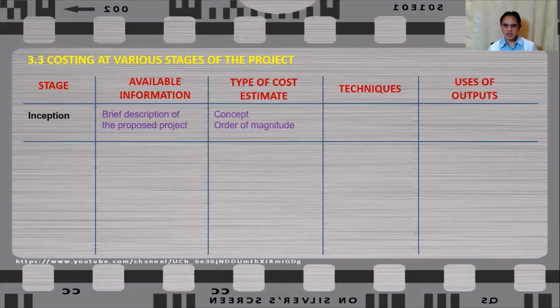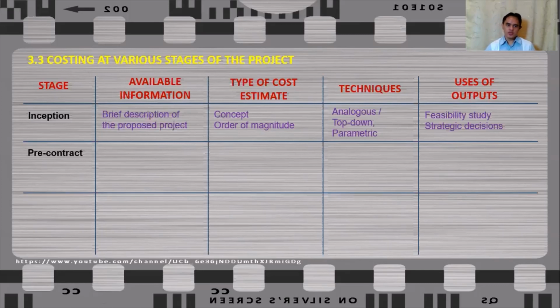The techniques used to carry out a concept estimate or order of magnitude estimate are the analogous, also known as the top-down estimate, or parametric estimating. And the results of these cost estimating techniques and procedures can be used for feasibility study and strategic decisions. Strategic decisions mean it's either to proceed or not to proceed with the project, either to increase or decrease the scale of the project, depending on the budget available.